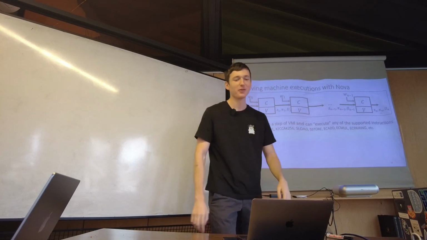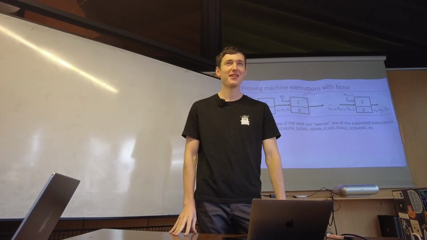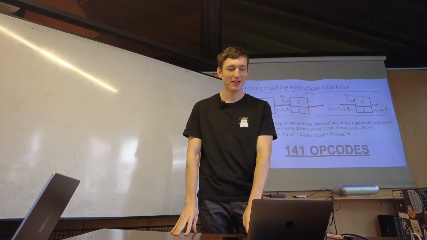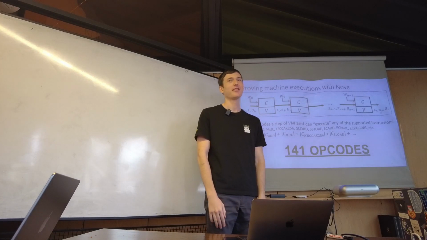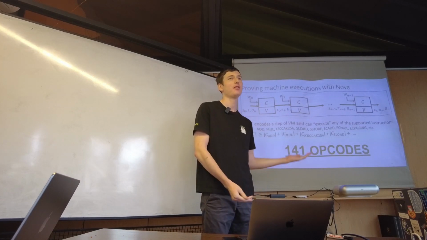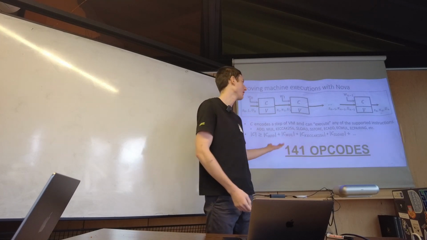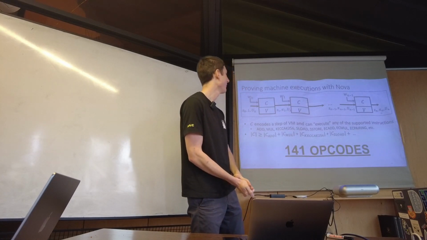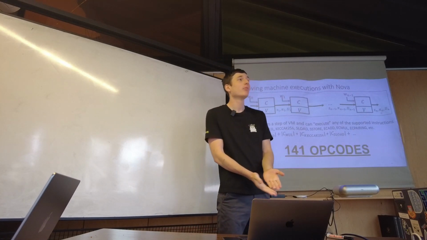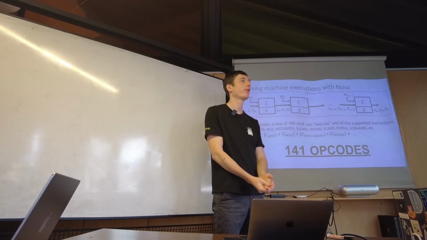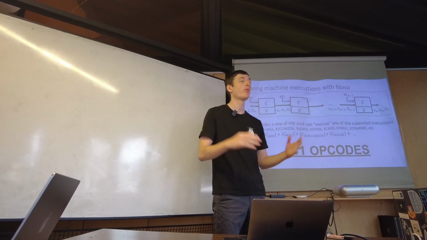Now, this seems like a good approach maybe, but it's not that good of an approach because there's a lot of opcodes in the EVM. Right now, there are 141. In virtually all virtual machines, there's a lot of instructions. You have to make a very, very big circuit.